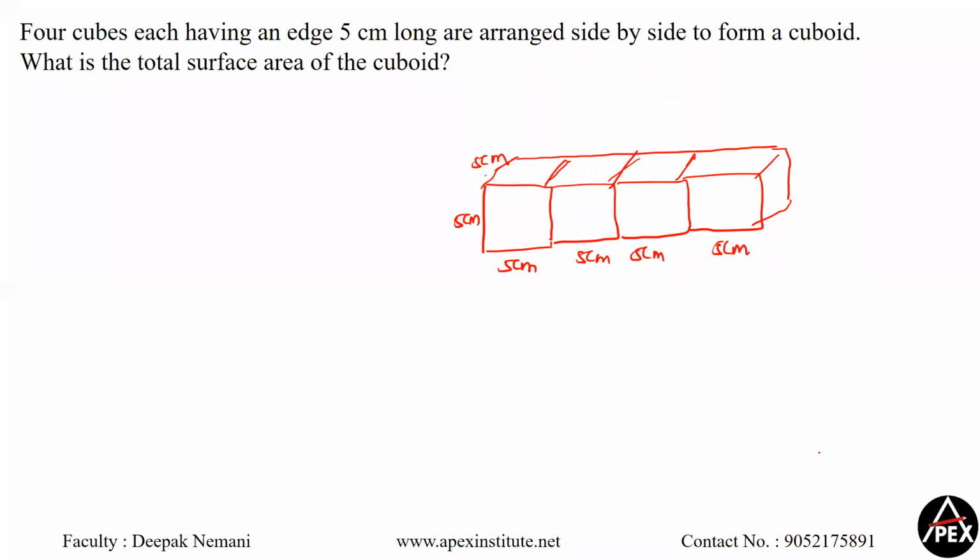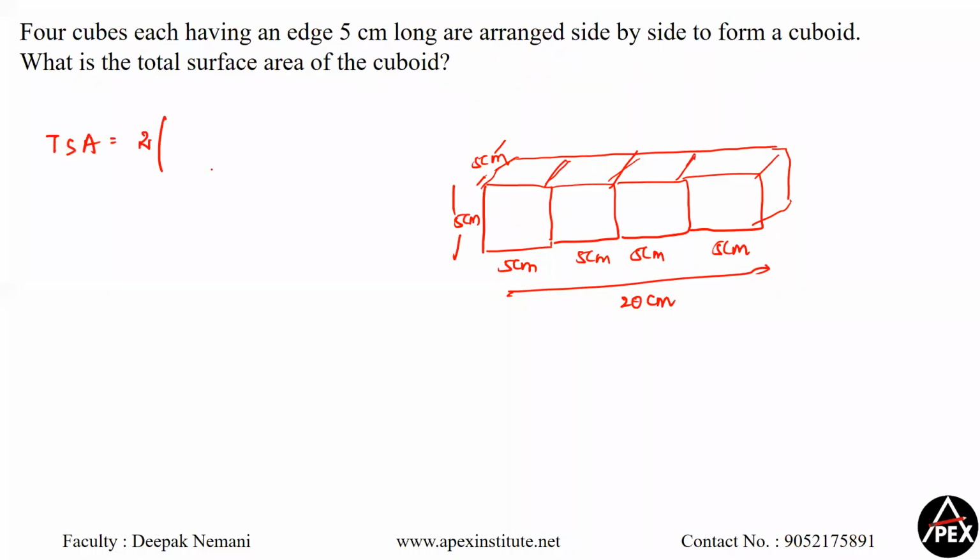By using the dimensions of the cube, can we find the length, breadth, and height of this cuboid? Yes. So height will be 5 centimeters, breadth will be 5 centimeters, but the length will be 5 plus 5 plus 5 plus 5, 20 centimeters, isn't it? Now we have the length, breadth, and height of this cuboid. Can we find its total surface area? Yes.